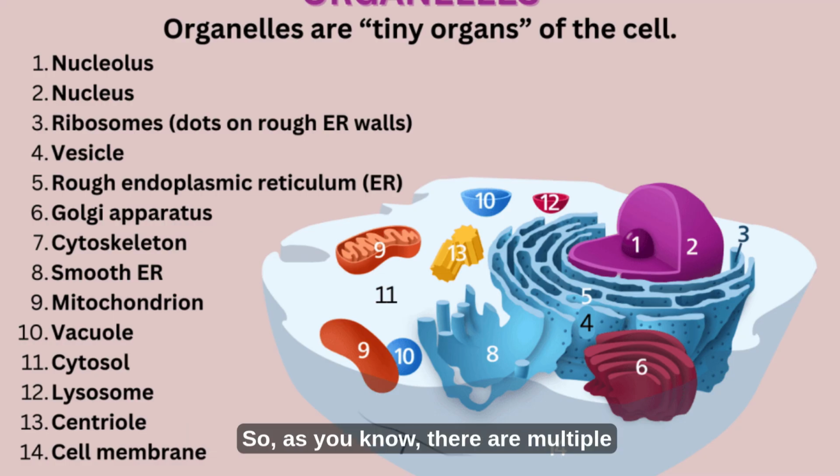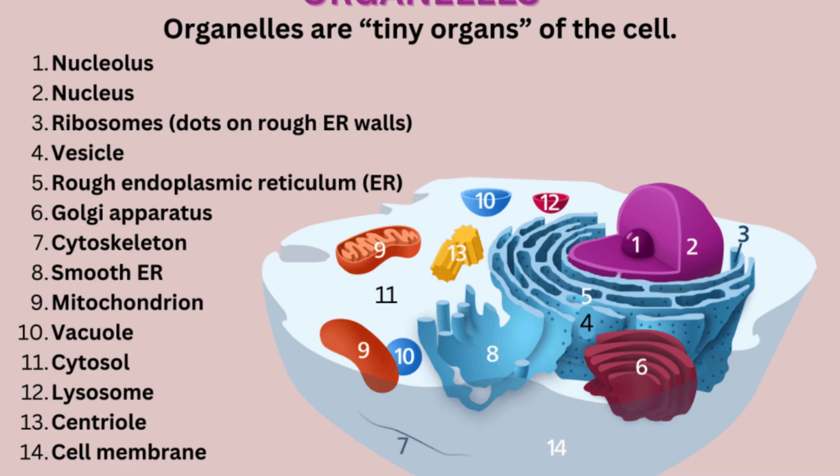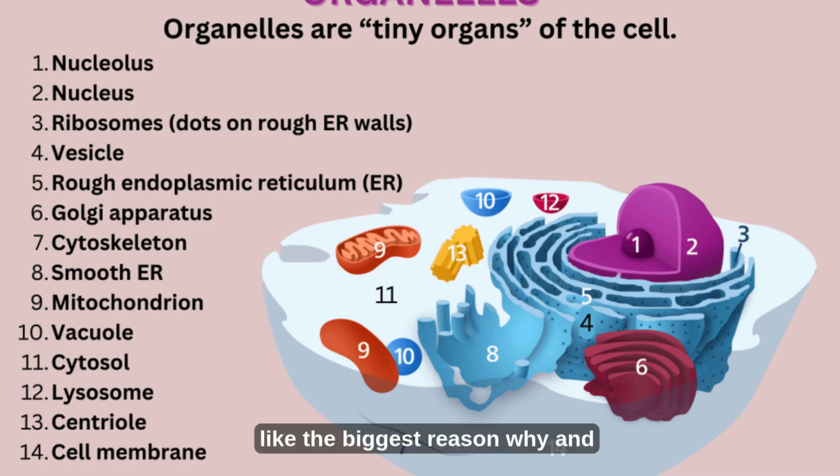So as you know, there are multiple organelles and they can't really be counted because they're kind of organs of the cell and they can't really be defined because there are a lot of them, and that's the biggest reason why.